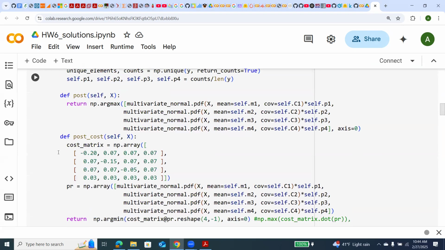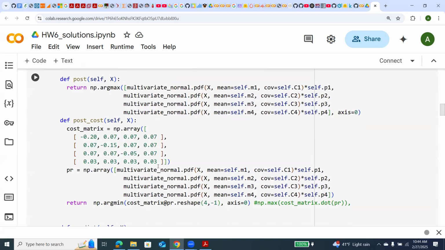For the problem with cost matrix, we multiply our predictions by this cost and sum up the probability to classify our metal part as class 1 by negative 0.2, the probability to classify our point as class 2 by 0.7, and sum up all these probabilities. It's called a weighted sum. Then we do the same for the second part, for the third and for the fourth.